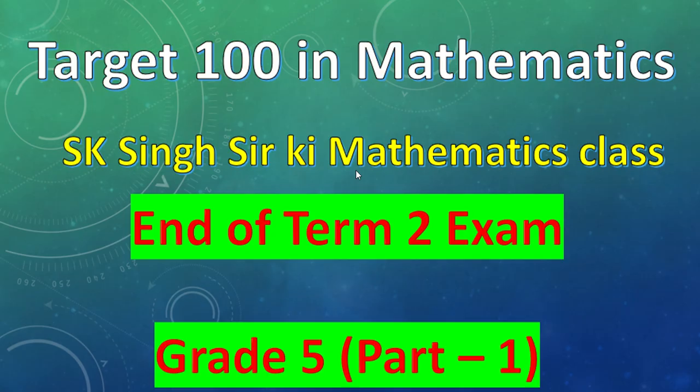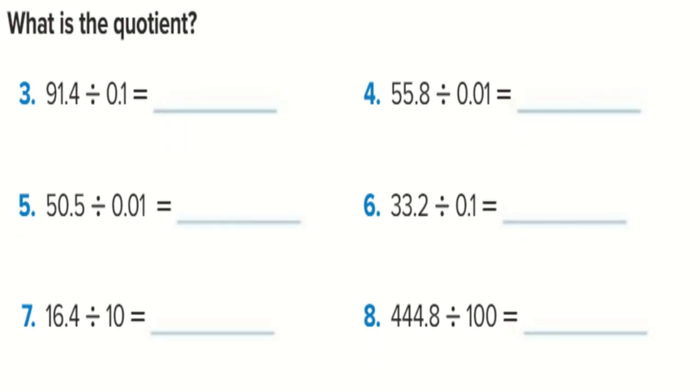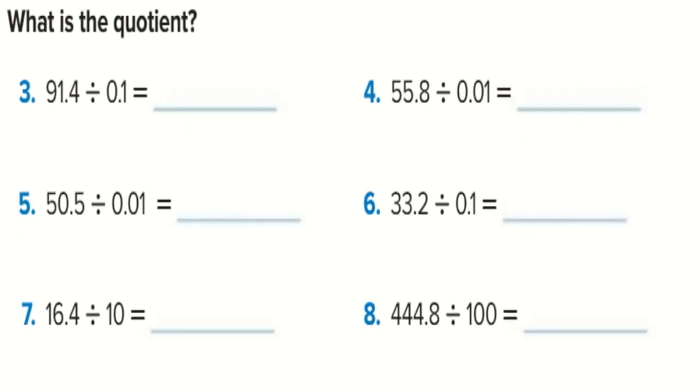So first we are going to discuss quotient. Before discussing all these questions in detail, let's discuss some basic terms in the division process. For example, if you divide any number a by another number b... leave the letters, because I don't want young kids to be confused.